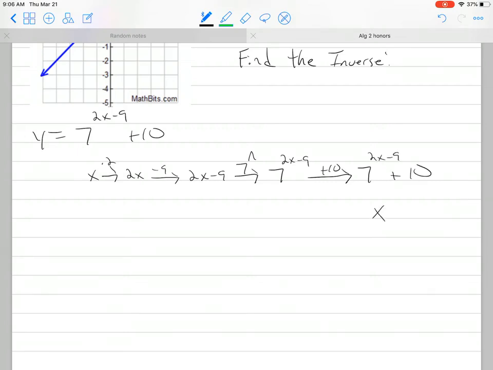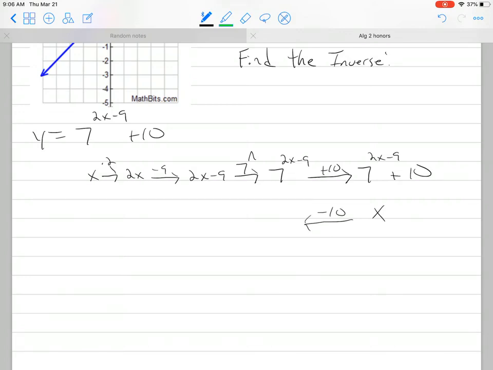And the second one, actually, you do the first one right now. Cool, hopefully you just did it and you said, okay, I'm going to start with x. I'm going to multiply it by 2. I'm going to subtract 9. I'm going to take 7 to that power. And I'm going to add 10.